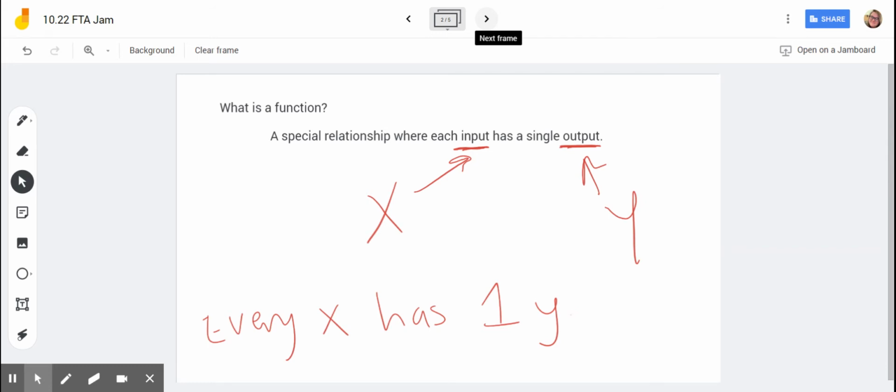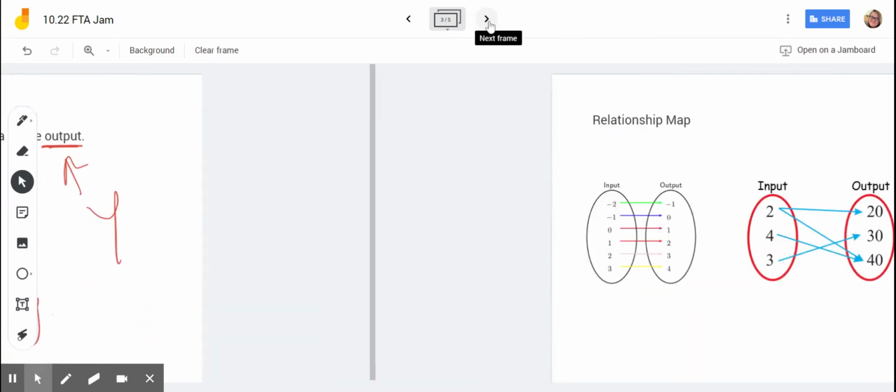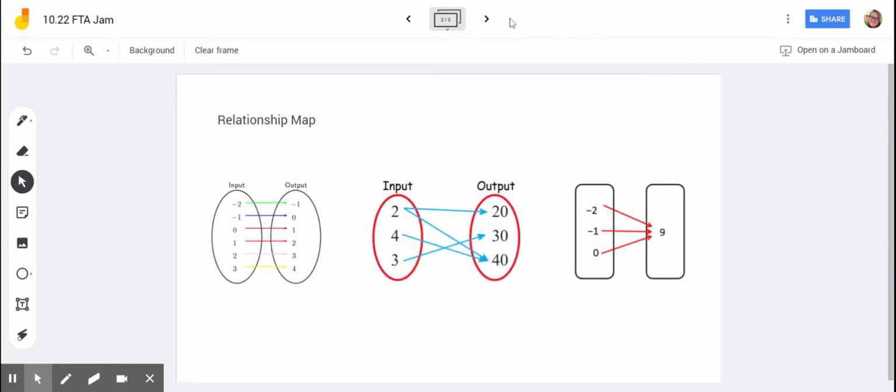What does that look like in a relationship map? A relationship map is where we have these circles or squares and we have a set of inputs and a set of outputs. Remember, I said inputs are x values, okay? And I said outputs are y values.